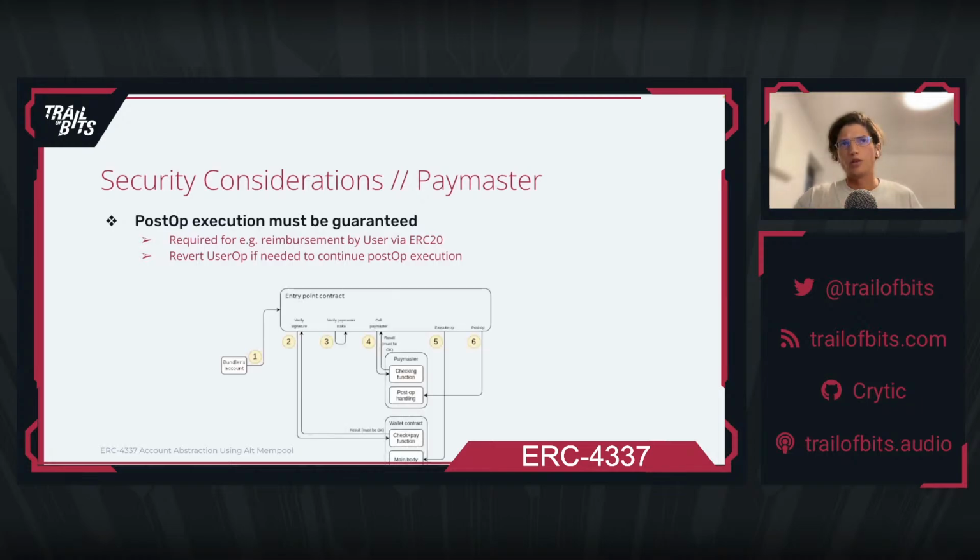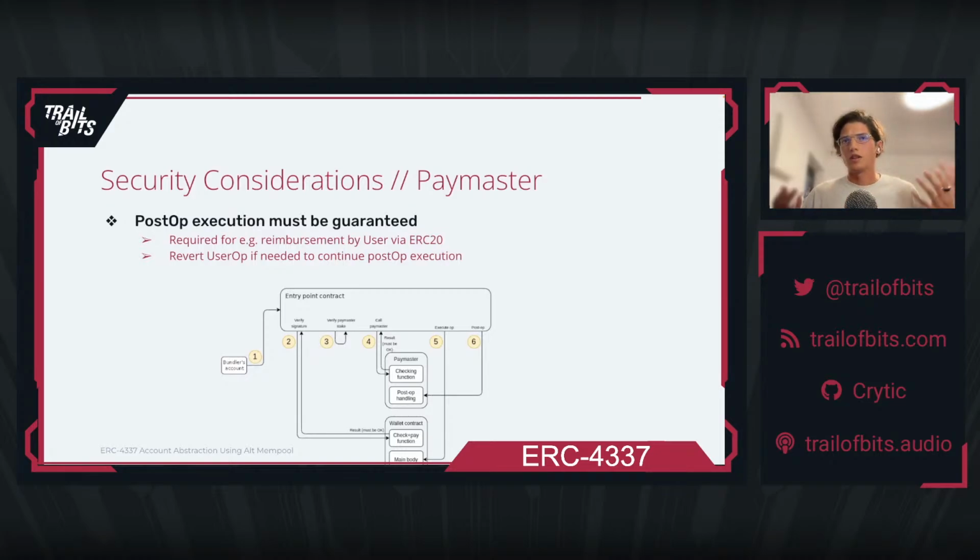One thing that could go wrong, as I just mentioned in this example, which is why I have this graphic up again, is that in step 4 the paymaster validates that it is willing to sponsor the transaction for Alice, but step 5 is unrestricted, so Alice's wallet can do anything without any restrictions.